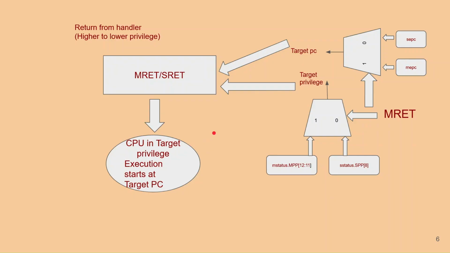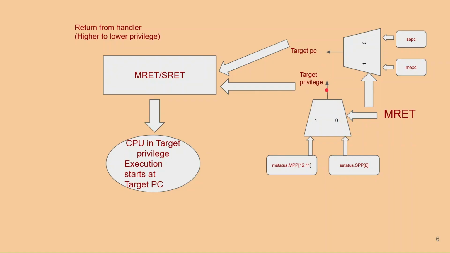The first thing the hardware does when it encounters an MRET or SRET is to restore the previous privilege level. Recall that during the trap entry sequence, the processor saved the privilege level into mstatus as MPP or sstatus as SPP.